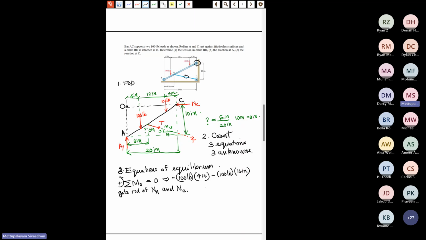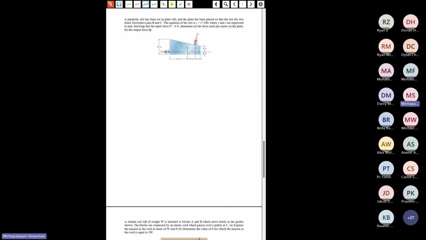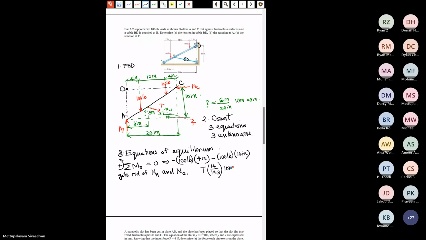And so it's going to be T times the horizontal component, which is 14 over 14.3, okay, times the distance, which is 10 inches. Okay, so for the horizontal component, the distance is 10 inches. And that's counterclockwise, so that's a plus.